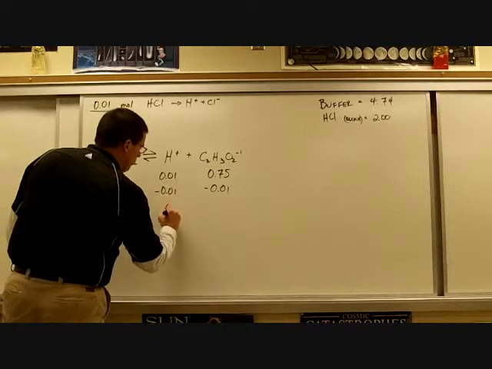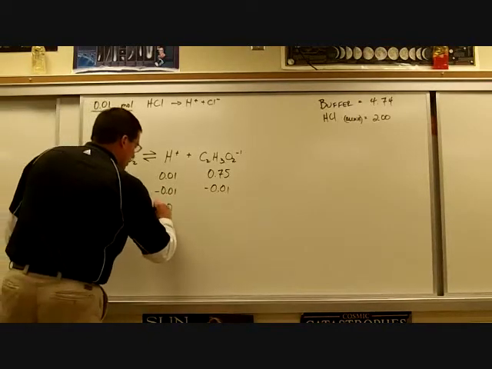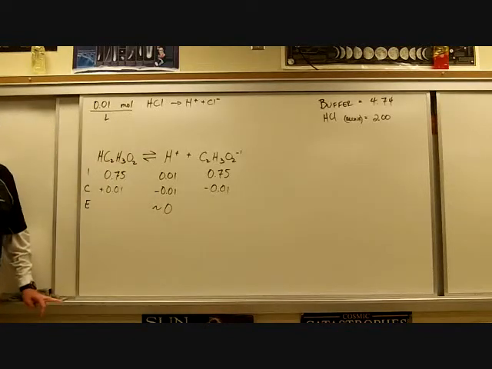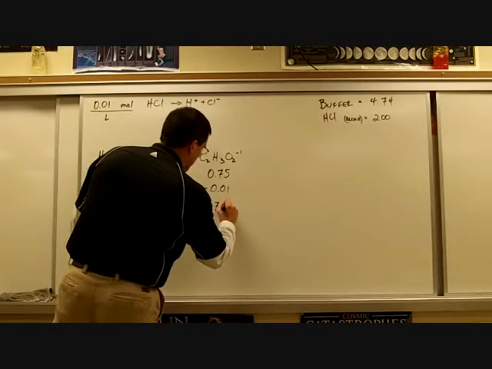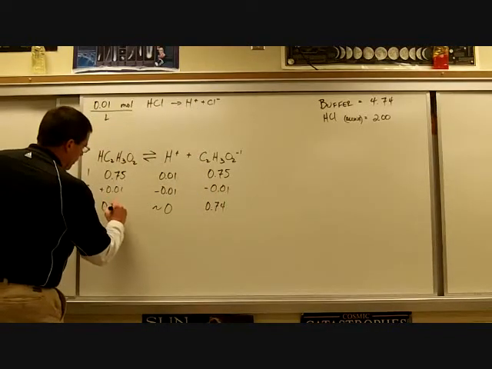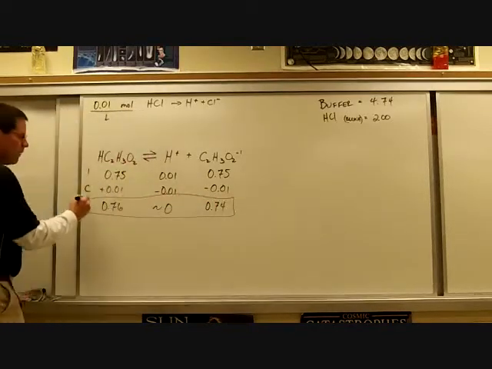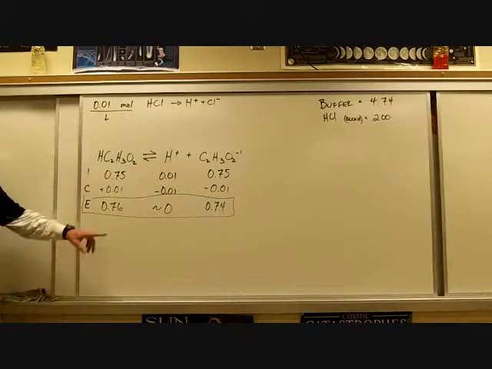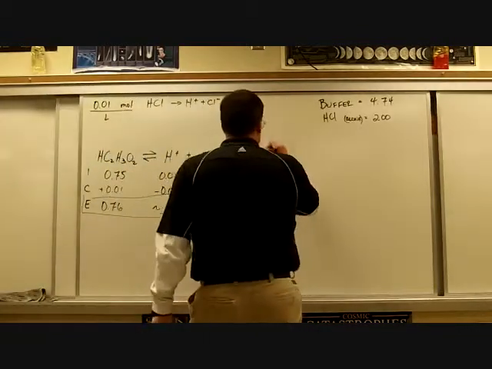So this will go to 0, and then equilibrium will reestablish. So I'm going to put approximately 0 because we don't know how much. That's actually what we're going to calculate. And then this will be reduced to 0.74, and this will be increased to 0.76. Again, our values at equilibrium, we're going to plug back into our expression as long as we have hydrogen. So since we have hydrogen here, we have a Ka value.